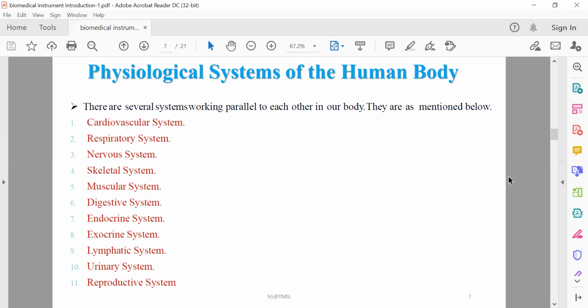So, basically the muscular system in vertebrates is controlled through the nervous system, although some muscles can be completely autonomous. Together with the skeletal system, it forms the musculoskeletal system, which is responsible for movement of the human body.